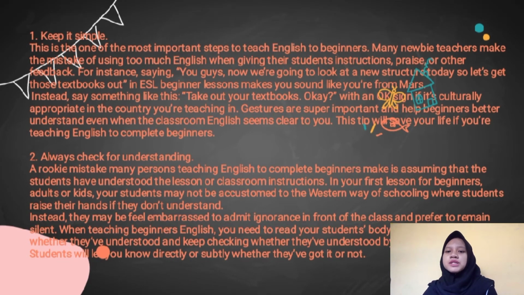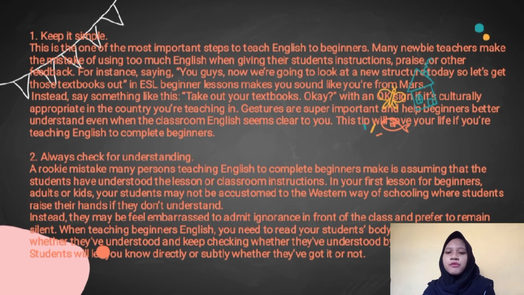2. Always check for understanding. A rookie mistake many persons teaching English to complete beginners make is assuming that the students have understood the lesson or classroom instruction. In your first lesson for beginners, adults or kids, your students may not be accustomed to the Western way of schooling, where students raise their hands if they don't understand.